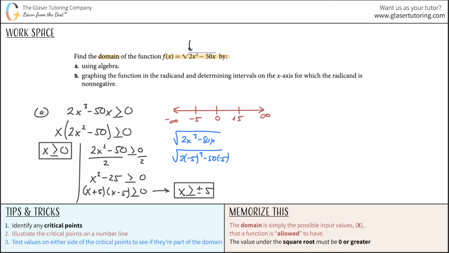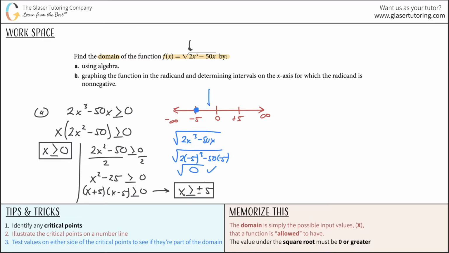Take out your calculator and plug it all in. So 2 times -5 cubed plus essentially 50 times 5. We get an exact value of 0. Can you take the square root of 0? Yes, you can. So we now include -5 in our answer.